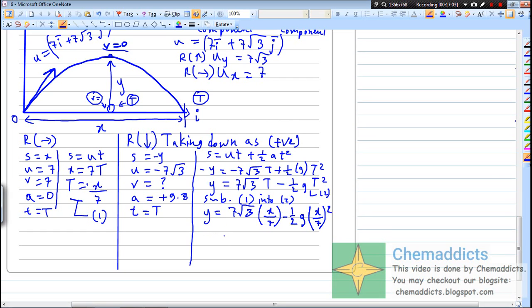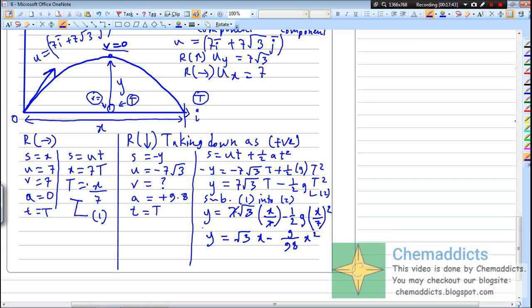If we simplify this, this gets cancelled out, and we end up with root 3 x minus, 7 squared is 49, 49 into 2 would be 98, g would go upward, 98 x square.